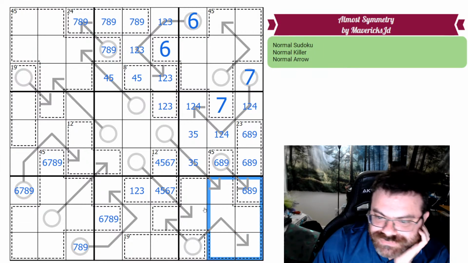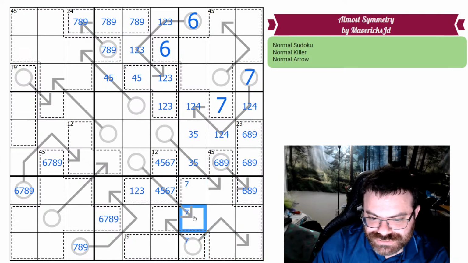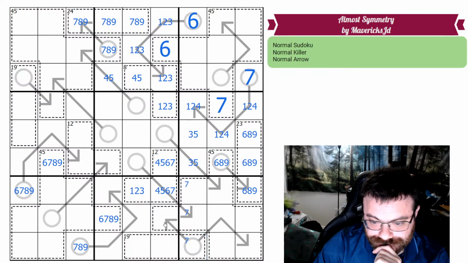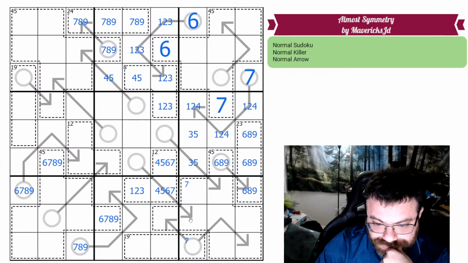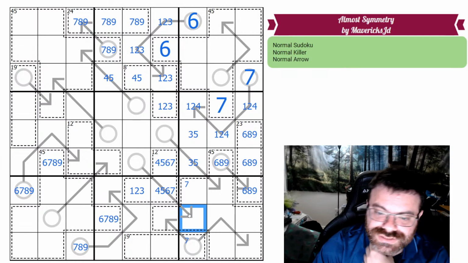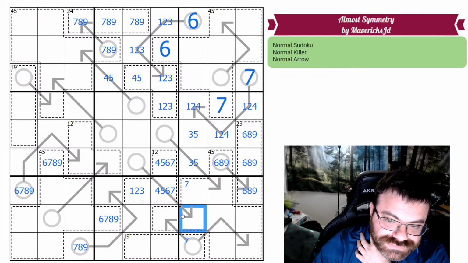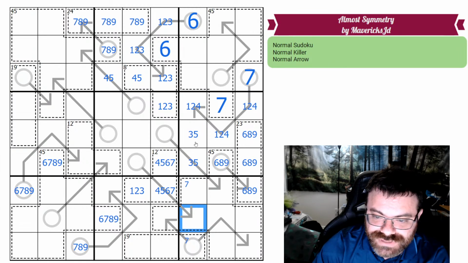7 in this box goes in one of these 3. Could it be this one? I don't see why not. Could it be this? No, this can't be 7 because this is too big. This is maximum 5. It can't be 3 or 5. So this is actually 1, 2, or 4.